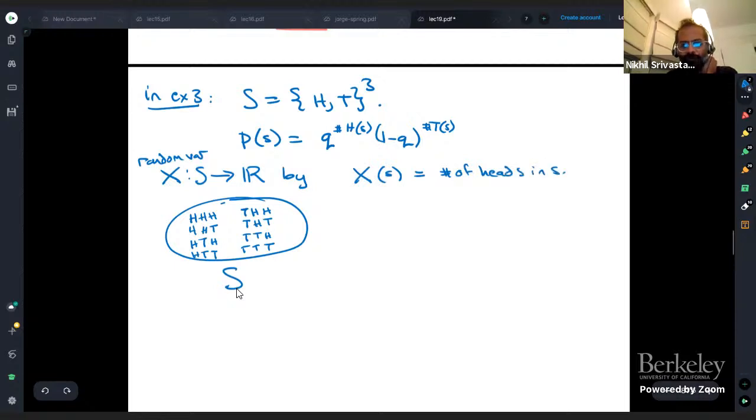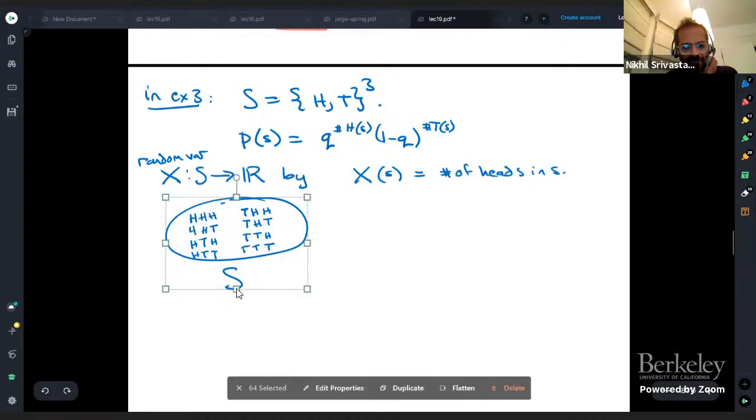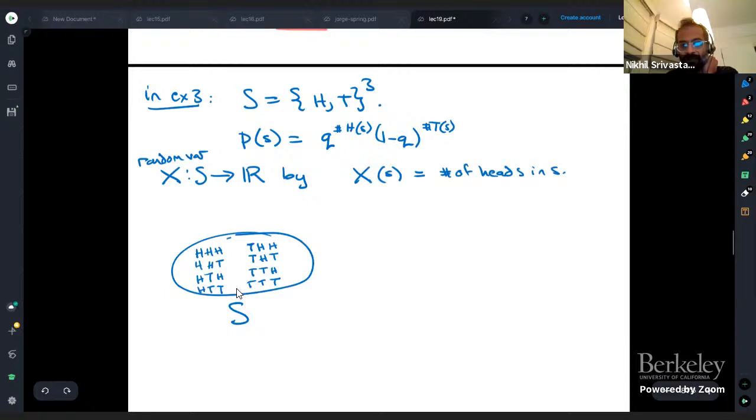So in this cartoon picture here, remember, a function is a rule that maps every element of the domain to an element of the codomain. So the codomain in this case is going to be the real numbers. And what's now going to happen is each point in the sample space is going to get mapped to a number, which is the number of heads, which can be 0, 1, 2, or 3 in this particular case.